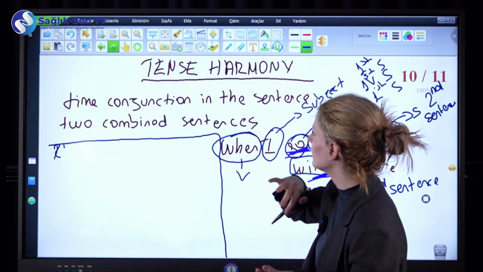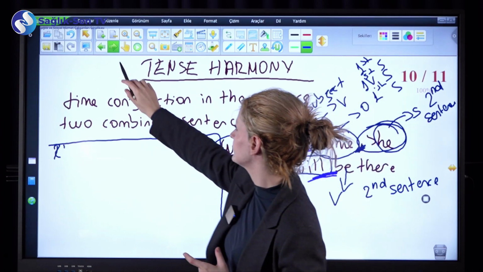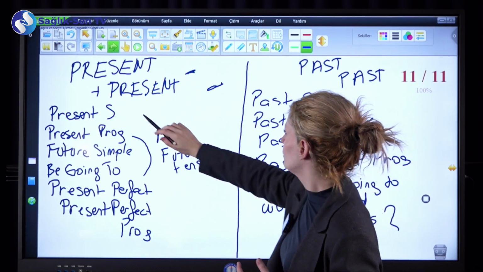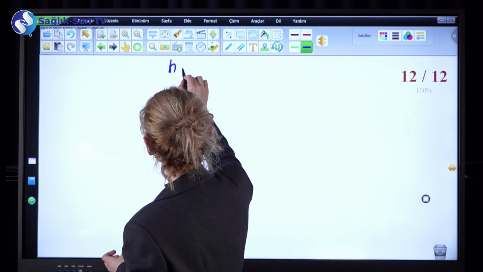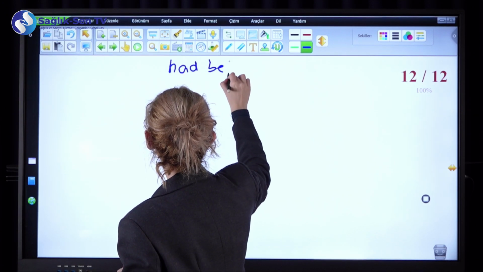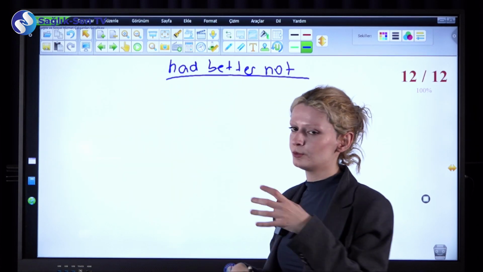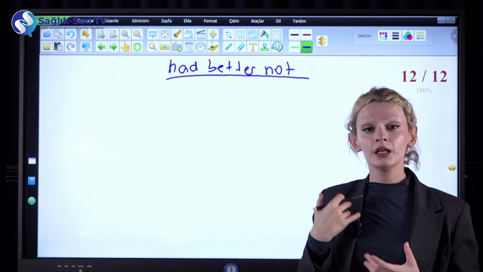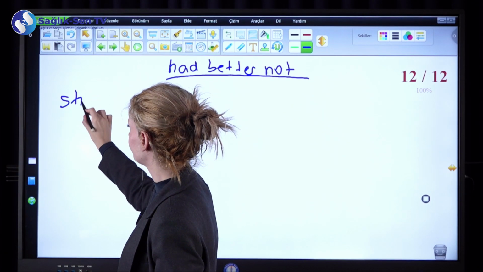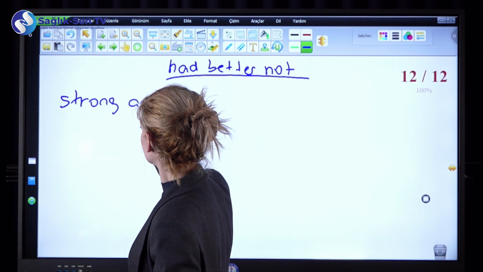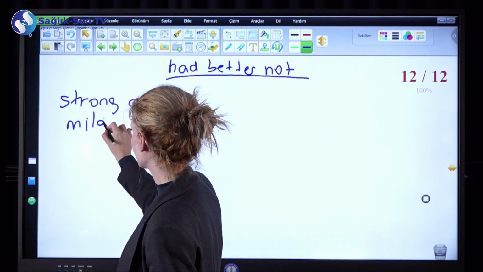Okay, if we are done and understand this tense harmony, I will keep going with had better not. Had better not is the negative form of had better. Again, I can give strong advice or a mild threat.